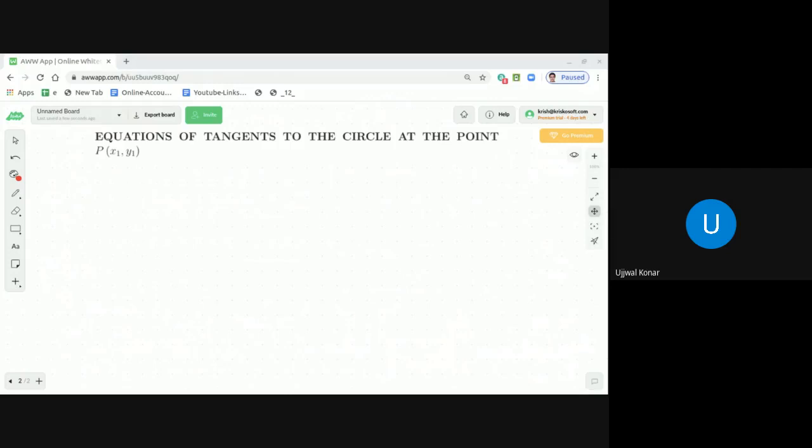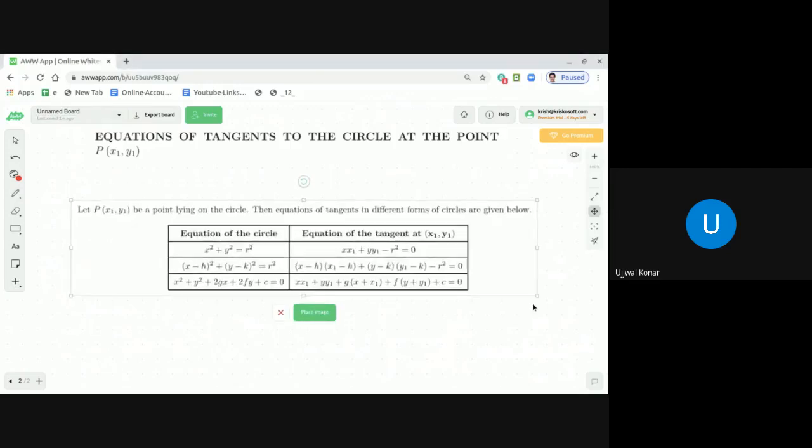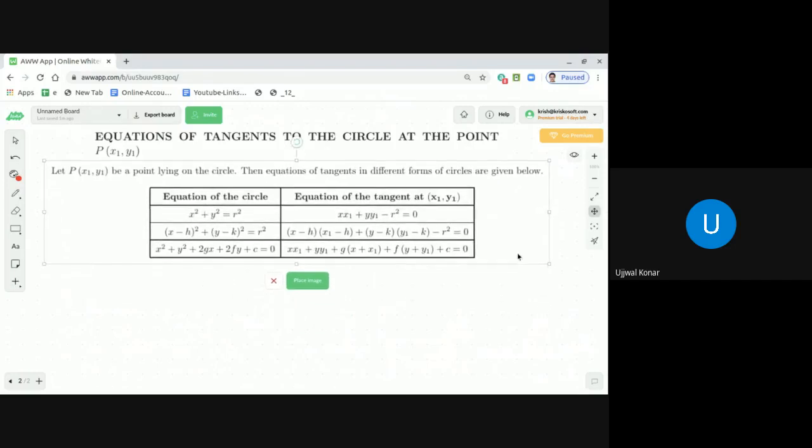So how can we find it out? Let P (x1, y1) be a point lying on the circle. Then the equation of the tangent in different forms of the circle is obtained from the following table. Dear students, I hope all of you are able to view it.